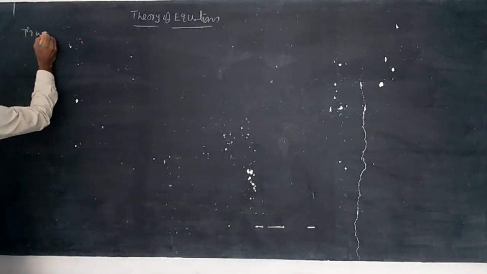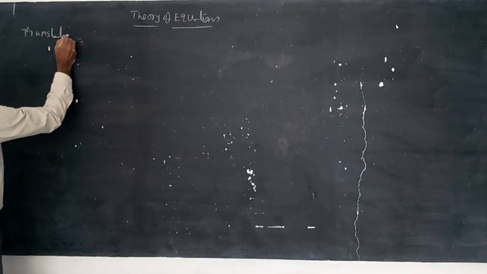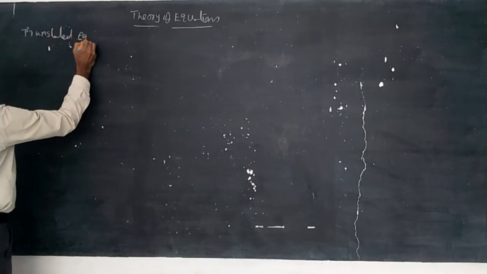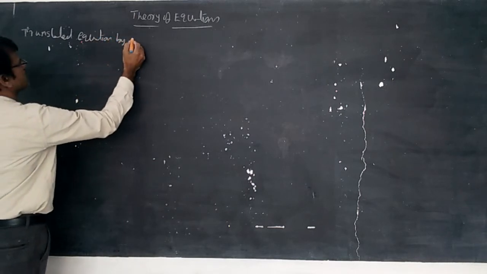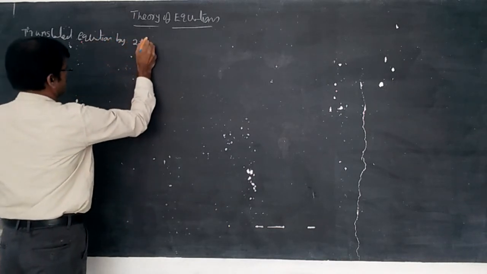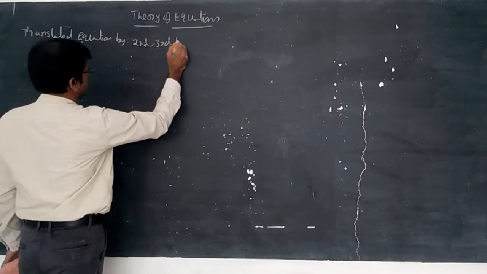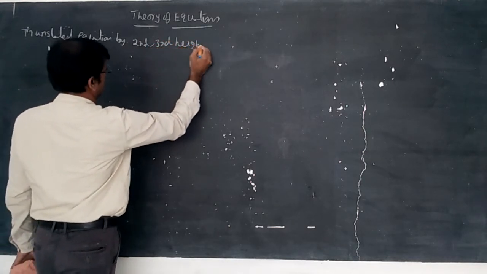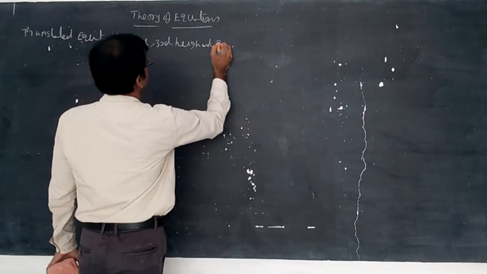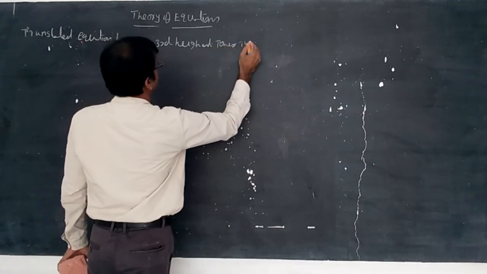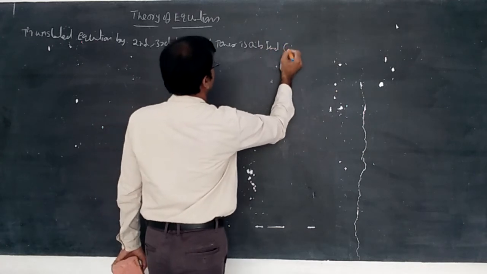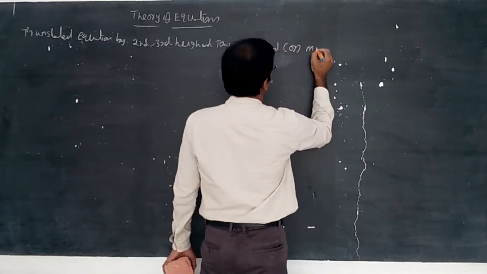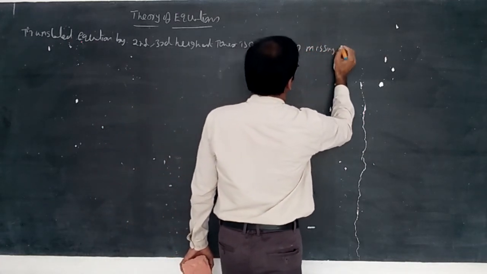Translated equation. By second comma third highest power is absent or missing or vanishes.